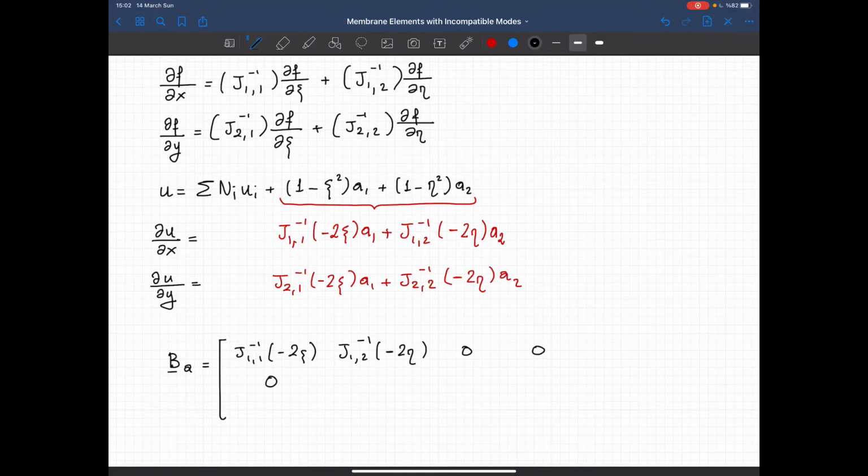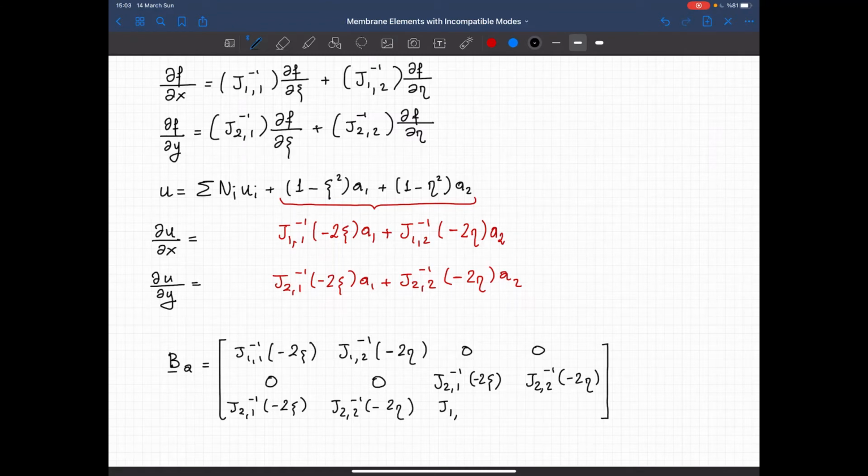Here I have 0 and 0, J21 inverse, we should have minus 2 psi, J22 inverse minus 2 nu, and the third row will be J21 inverse minus 2 psi, J22 inverse minus 2 nu, J11 inverse minus 2 psi, and J12 inverse minus 2 nu.